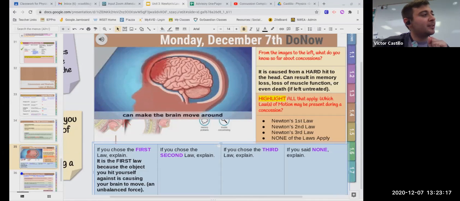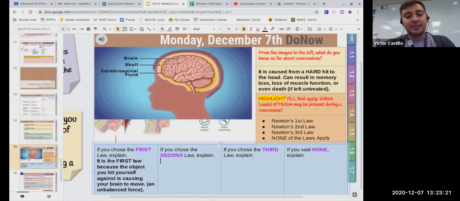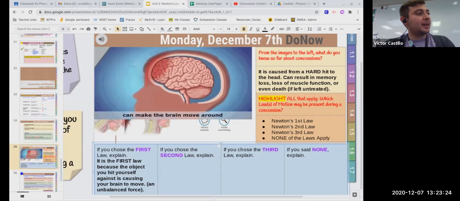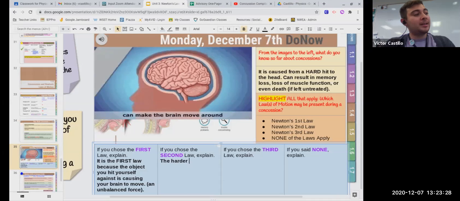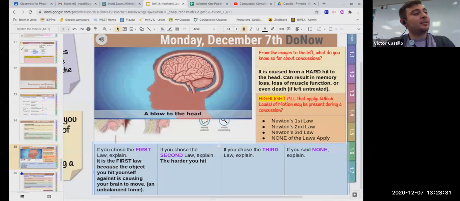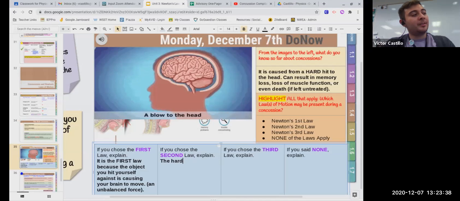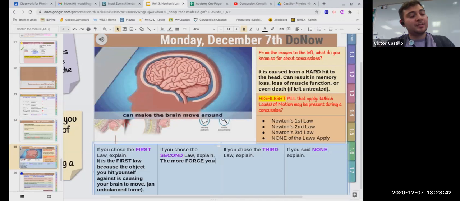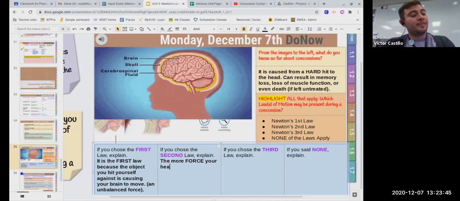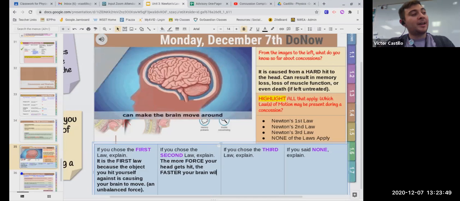And the second law, from the responses I'm getting, was that the harder you hit, the more force your head gets hit with, the faster your brain will move.